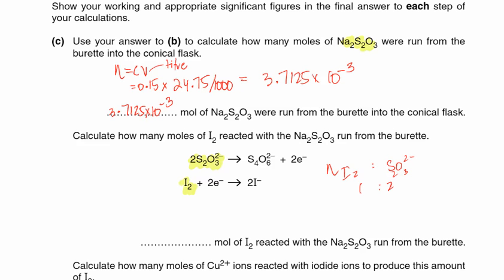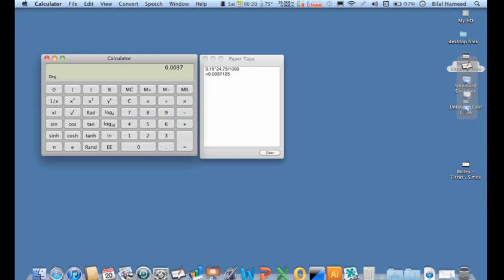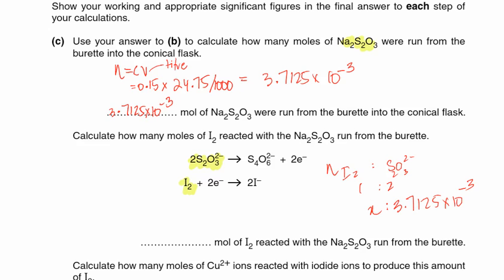So whatever these are, 3.7125 into 10 to the power minus 3 is x, and we find x, which will be half of that. And let's find that out. Half of this, 1.8562. So 1.8562 into 10 to the power minus 3.